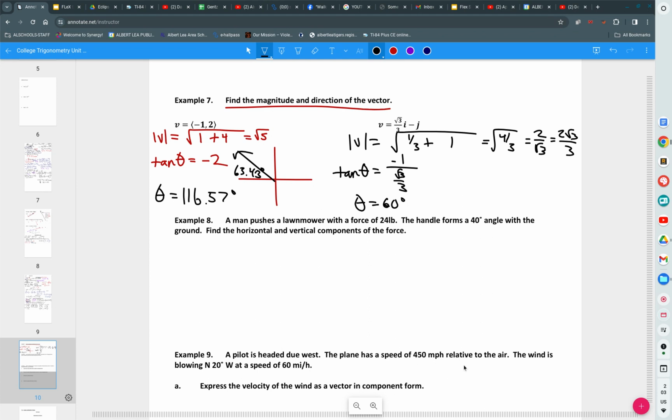And so we just identify the quadrant that we're working in, which is obviously the fourth quadrant. So we have 300 degrees is actually our angle. And that's it. You'll be more than prepared to go through your assignment at this point.